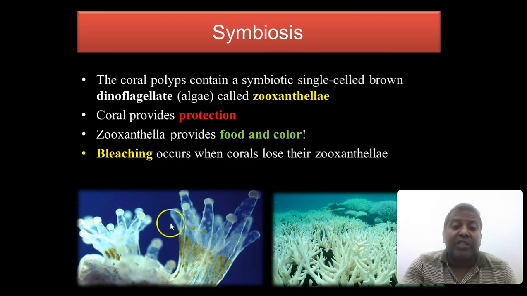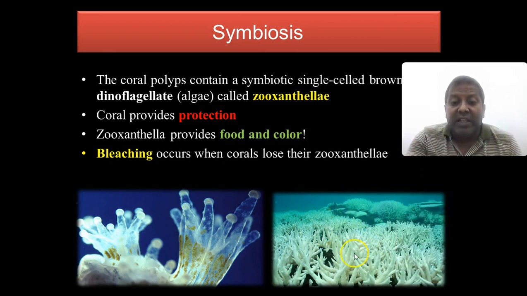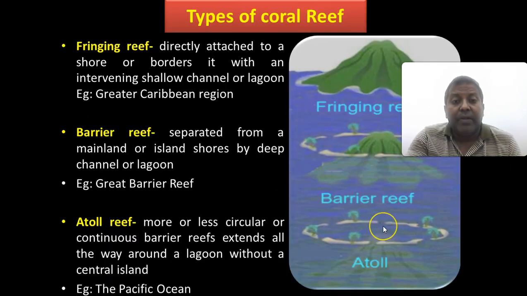In this picture, you can see the polyps, and in the polyps, the algae are present. When the algae are expelled by the coral polyps, the remaining skeletons are the bleached coral that cannot be reverted back into the normal condition.